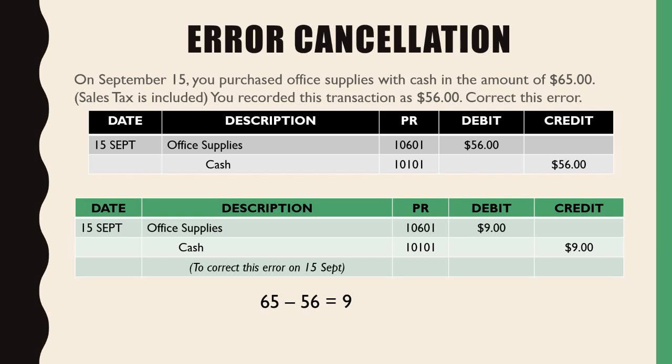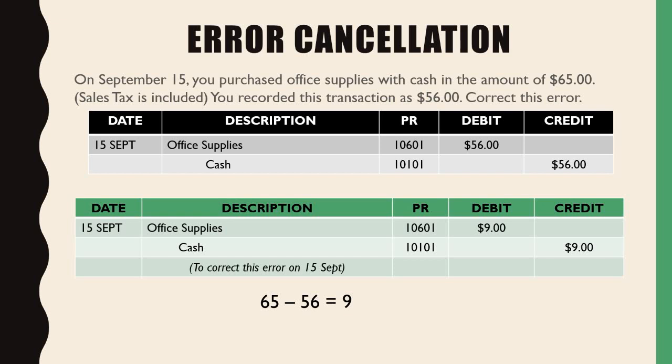So in this case, in my books, I have $56 worth of supplies and I spent $56, okay? Now, what do I have to do as well? What is the difference between that and the correct amount? In this case, it should be 65. So 65 minus 56 means I am short $9 somewhere, okay?